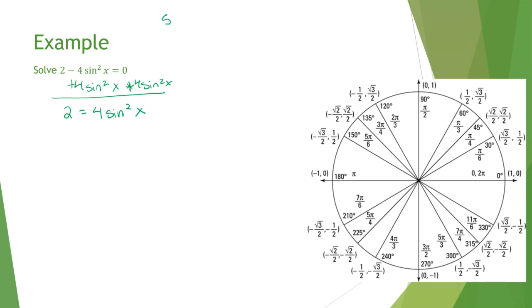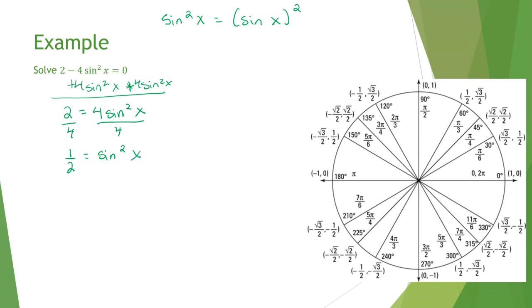Sine squared x is the same as sine of x squared. It's just a different notation. That means we can take the square root, but first I need to get it by itself. So I'm going to divide everything by 4. So I get 1/2 equals sine squared x.